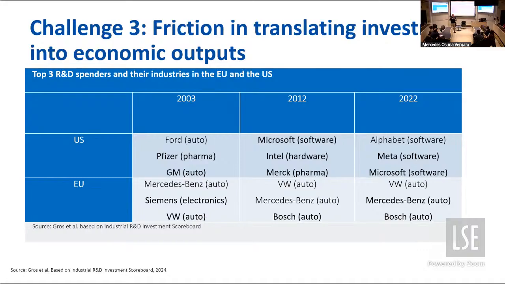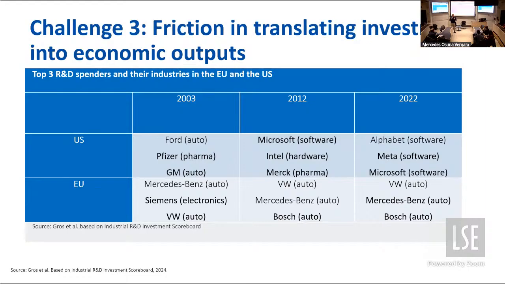So you have this rise of the new champions, let's put it that way, related to ICT, AI, etc., with Alphabet, with Meta and Microsoft, that are the heaviest investors in R&D, while in Europe you remain with the same type of companies.